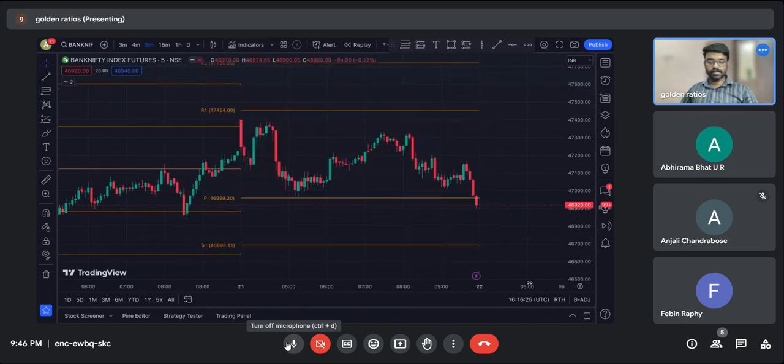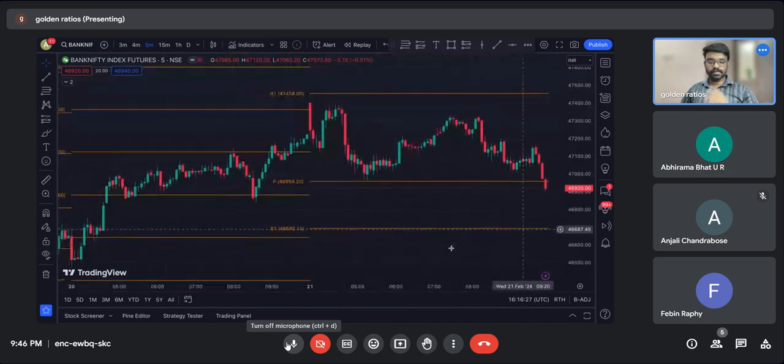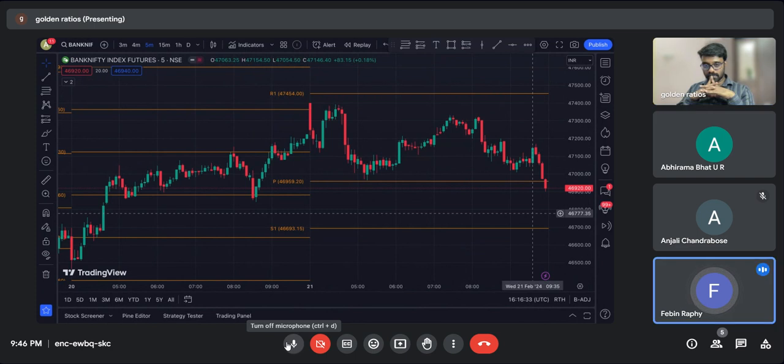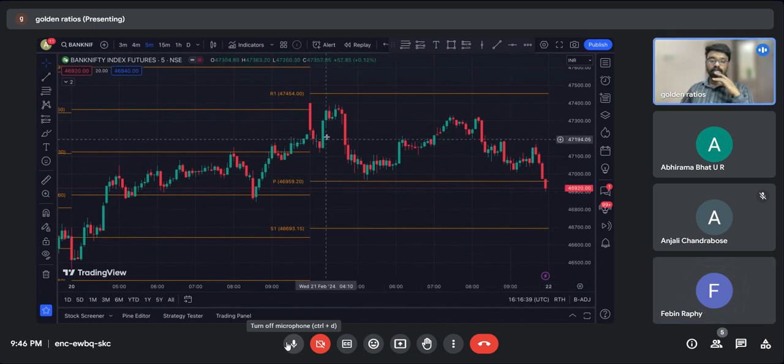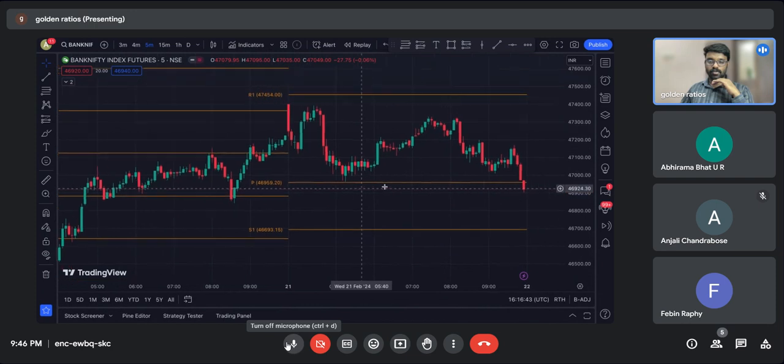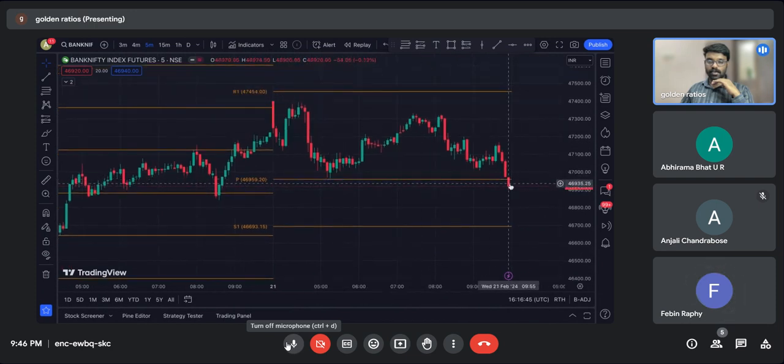And how did you used to trade with this one? So you see, today there was no resistance and no support also. By the end of the market it has broken the pivot.